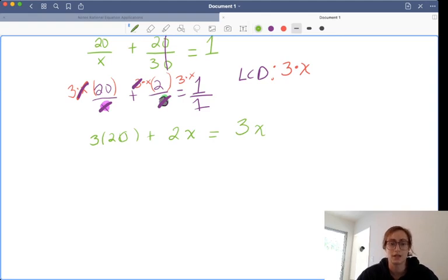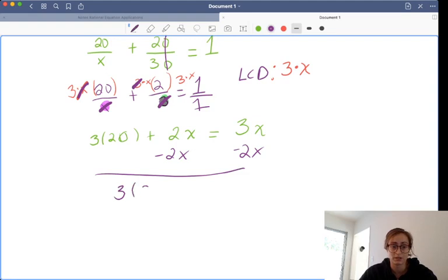Okay, now I have to get x by itself. We don't have any x squareds in this one, so it's not going to be as much work. Here I'm going to subtract 2x from both sides. So I have 3 times 20 equals 1x, which means x equals 60.